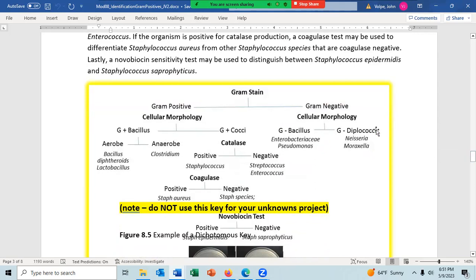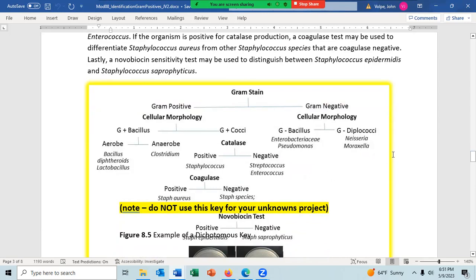It uses a dichotomous key where at each step you're separating it out into two choices. Like in the Gram stain, all bacteria can undergo the Gram stain. Some will be Gram positive, some will be Gram negative. If it's Gram positive, we throw out these species, and we have the Gram-positive bacillus and the Gram-positive cocci.